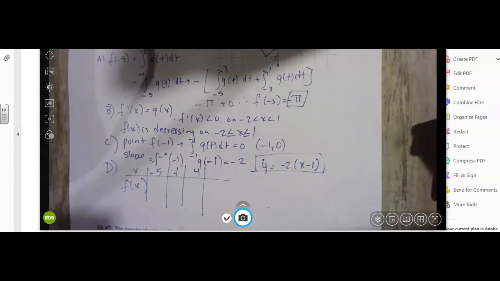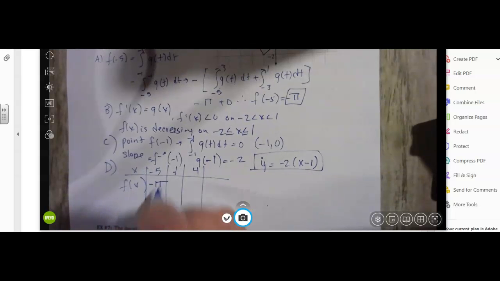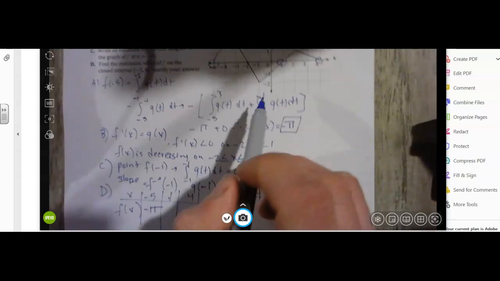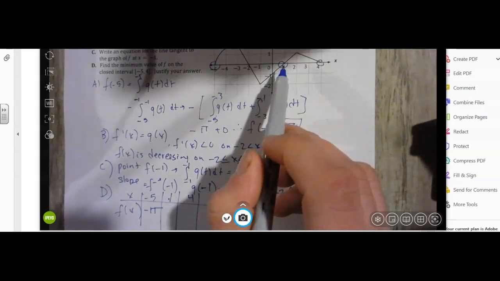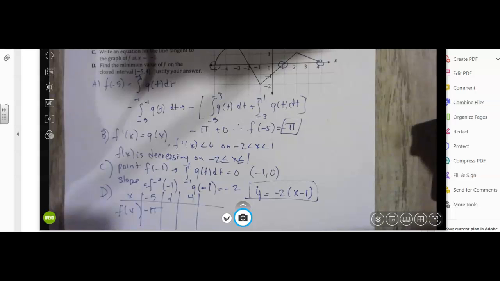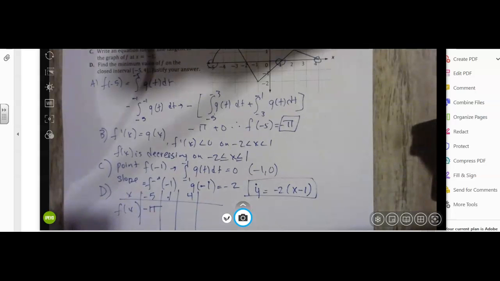For f of -5, we know f of -5 was -pi. We computed that earlier. Now for 1, we found earlier that f of 1 was -2.